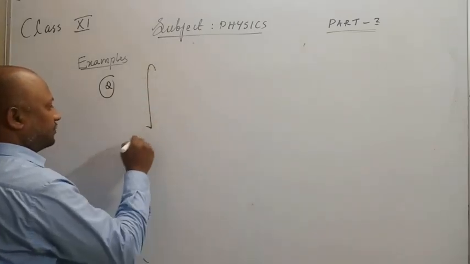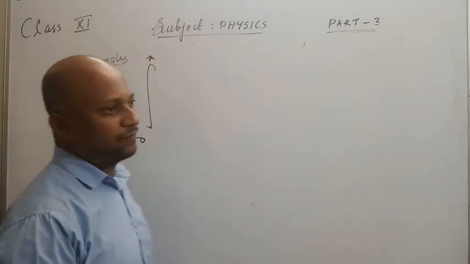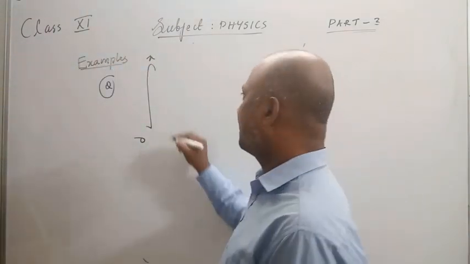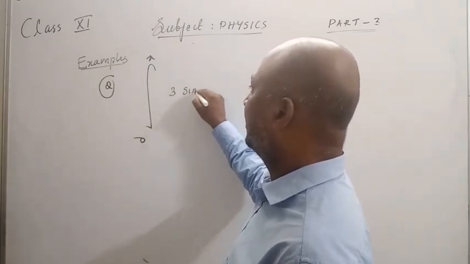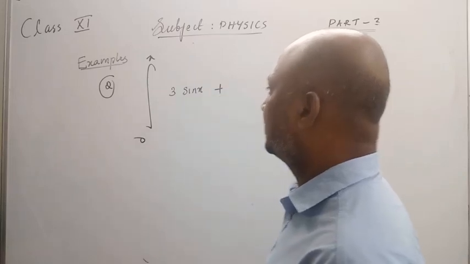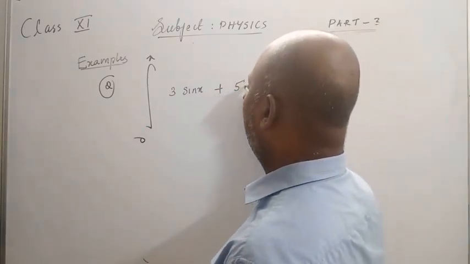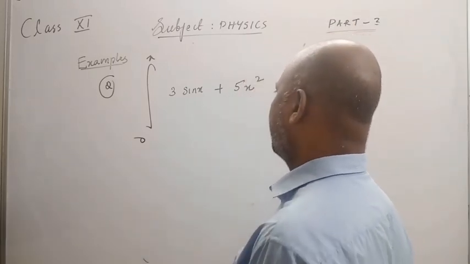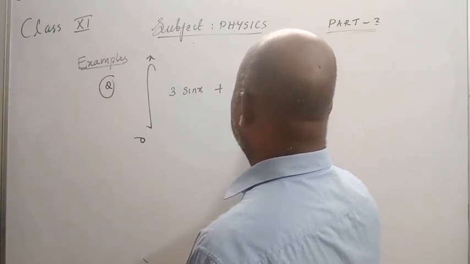So integration from 0 to pi of 3 sin x plus 5 x square plus cos x. Suppose that is the question like this.